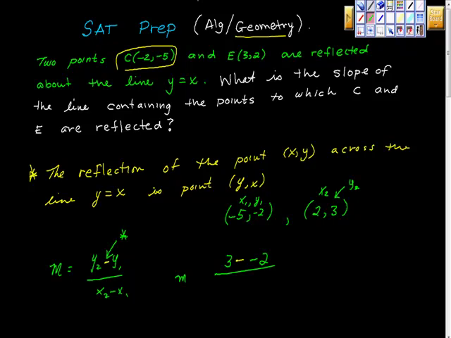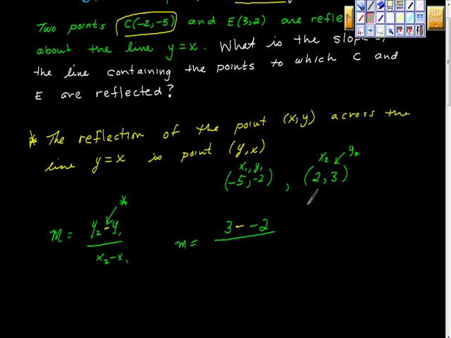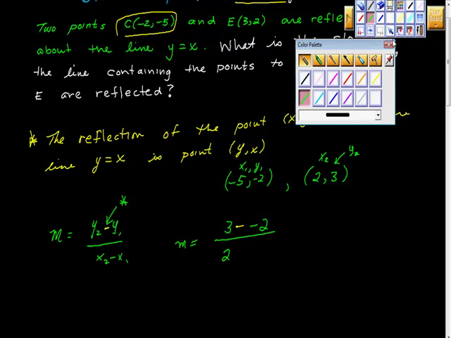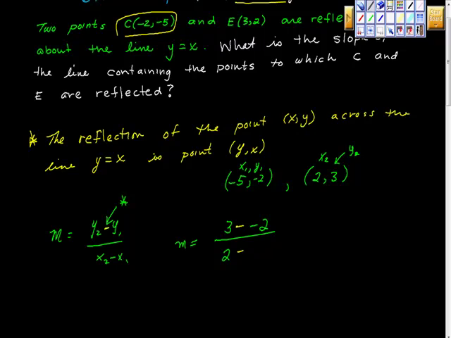Over, and then we're solving for the slope of that line made by those reflected points. This is x sub 2, which is 2, minus x sub 1, which is -5. Here's another negative sign. What I do here is stop for a second and multiply. A negative times a negative is a positive, so that goes to positive. And we have 5/7 as our answer, equal to the slope.